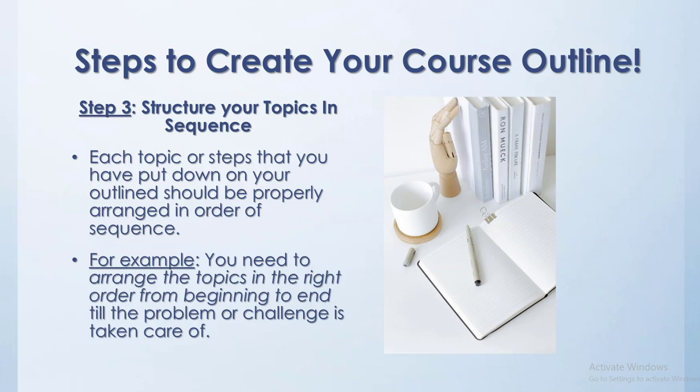For example, let's say that you need to arrange the topics in the right order from the beginning to end. You are going to do it in such a way that it will solve the problem, or the challenge that is identified by the survey that you did earlier. So these are the 3 steps you need to take to create your course outline.